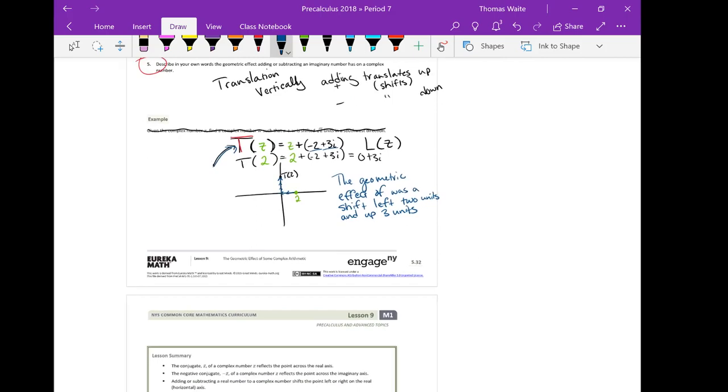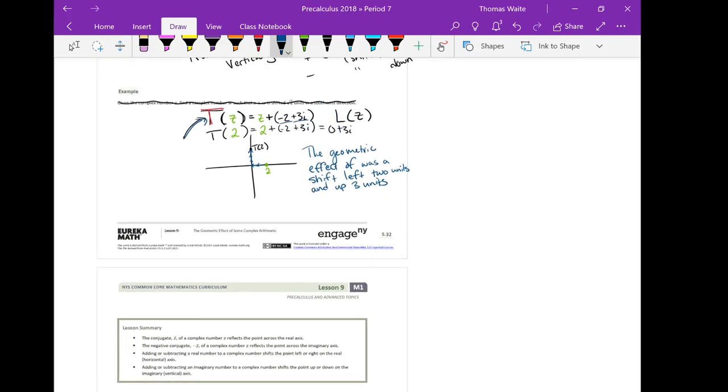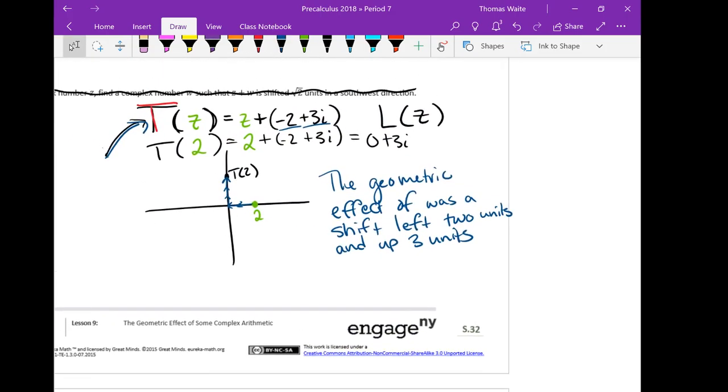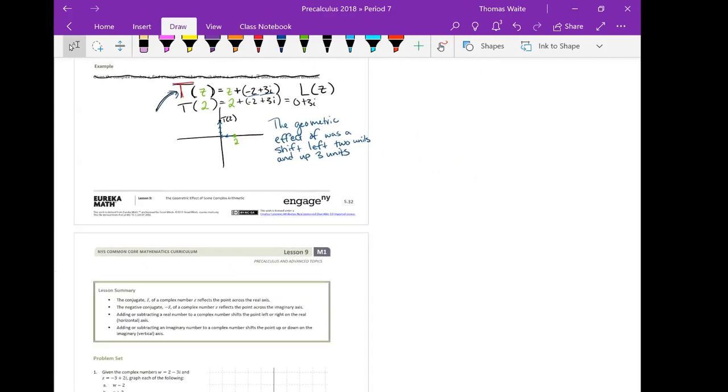So altogether, let's look at our summary for today. Take a second and make sure you have this example with the notation in. Feel free to pause if you need to. But let's look at the lesson summary.